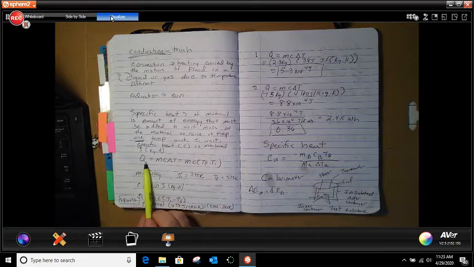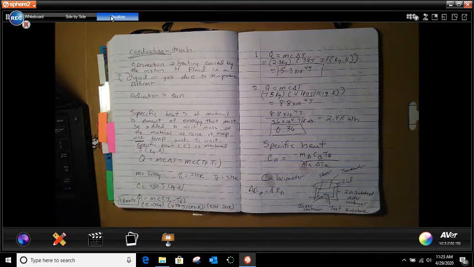Okay? So here they have a problem, the practice problem in our textbook, that says a calorimeter contains 0.50 kilograms of water. It has a water temperature of 15 degrees Celsius. A 0.10 kilogram block of a known substance at 62 degrees Celsius is placed in the water, and the final temperature of the system is 16 degrees Celsius.